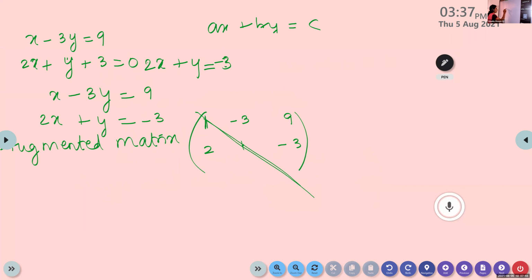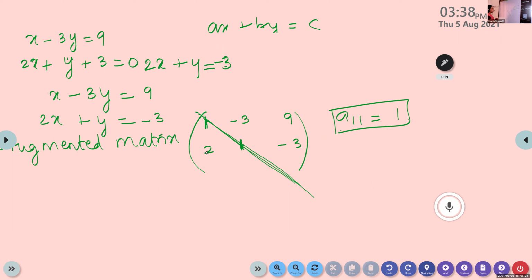First row, first element, a11, must be 1, and all the elements below the principal diagonal should be made 0 using row operations. Here we have only one such element.